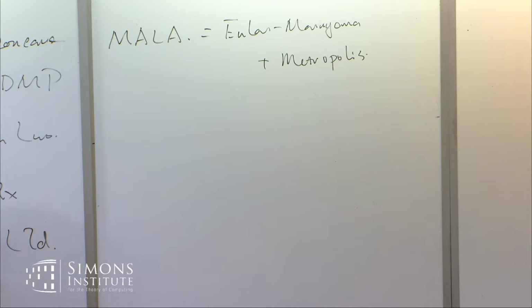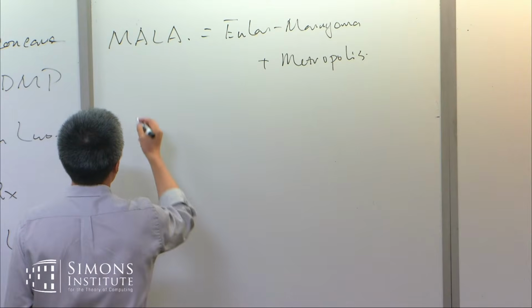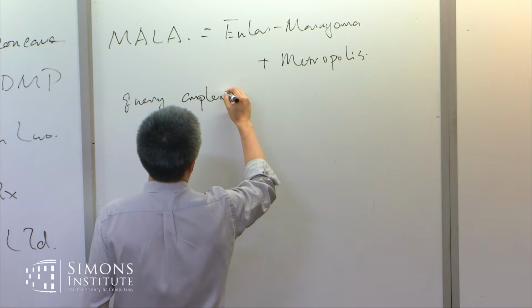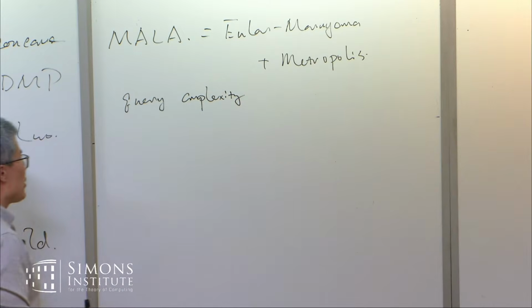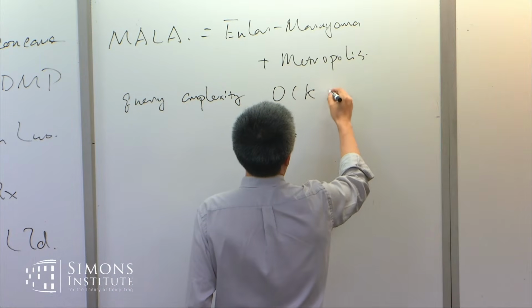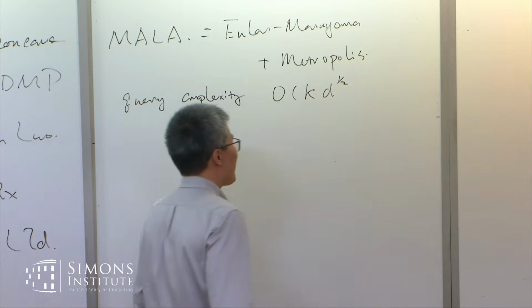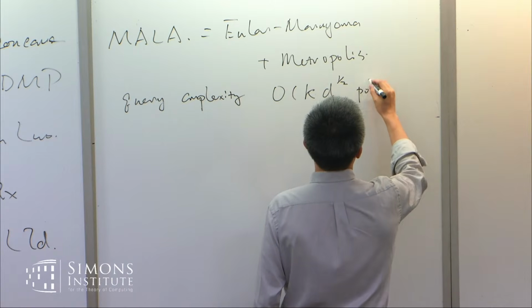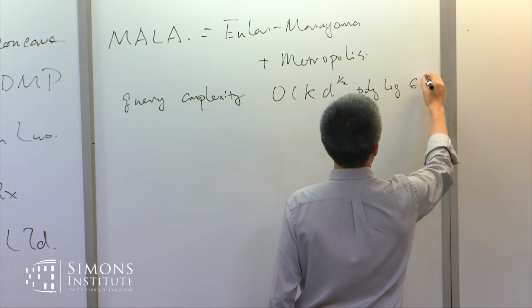The query complexity for MALA: you count the queries to the gradient of U, and in the case of Metropolis adjustment you also need to query the function value of U. After a sequence of work, the query complexity for MALA is kappa times the square root of d, times polylog in epsilon.